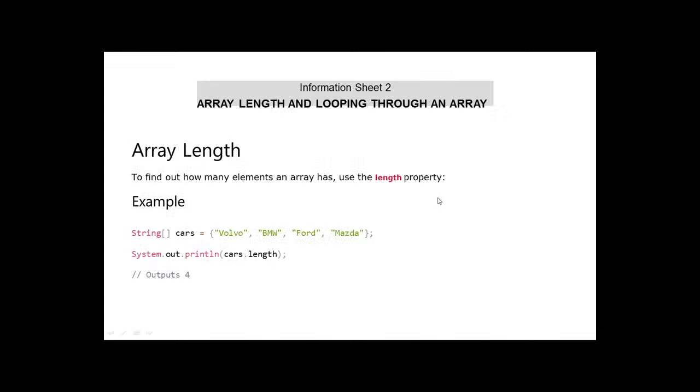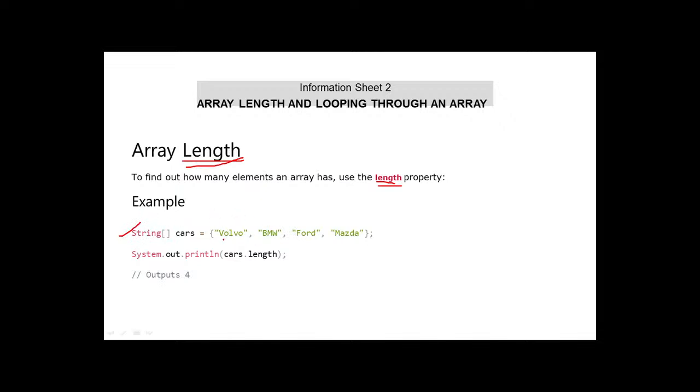Next, we have array length and looping through an array. So we can use this method to get the number of elements. Okay, length. So this method is used to find out how many elements an array has. Then you will use the length. For example, again, we have the cars.